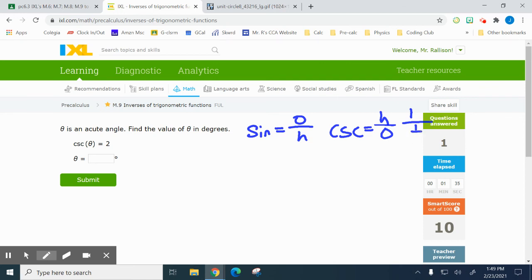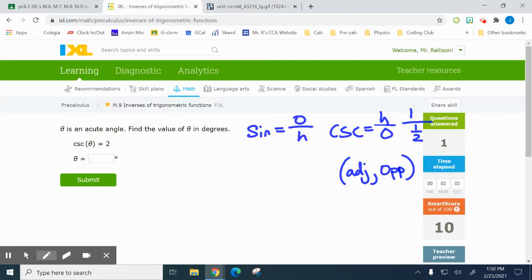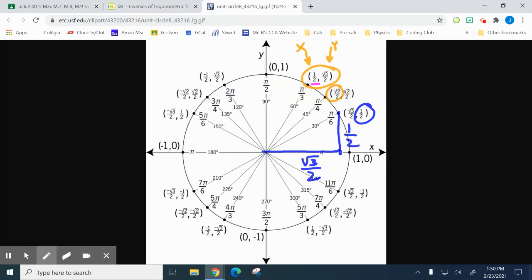It's going to have to be 1/2. It's adjacent, comma, opposite, so we need to find the angle where the opposite is 1/2. And the opposite is 1/2 right there, because that's square root of 3 over 2 and 1/2. So the angle we're looking for is 30 degrees.